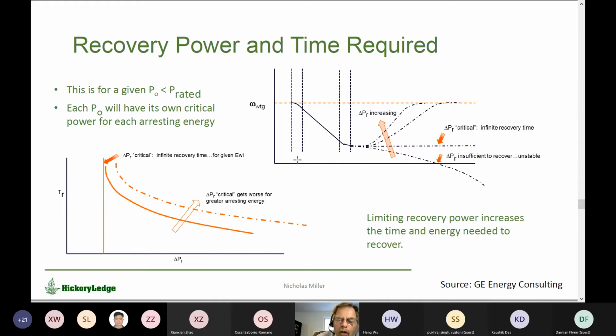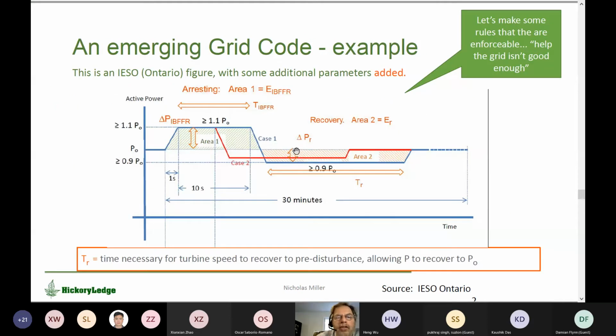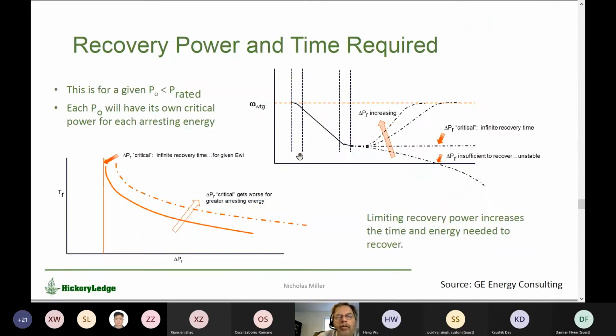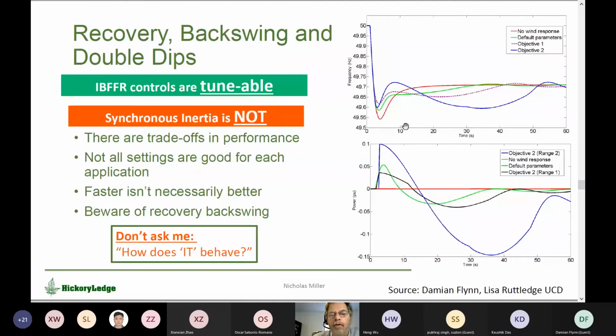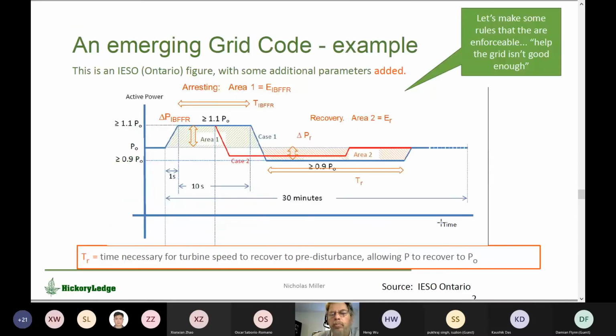The more aggressively we depress P recovery, the faster the turbines recover. So all the manufacturers have been through this. There were some very exciting results published from Hydro-Quebec using Enercon turbines, and that is the depth of this recovery back here, how fast and how aggressively you push the turbine back.